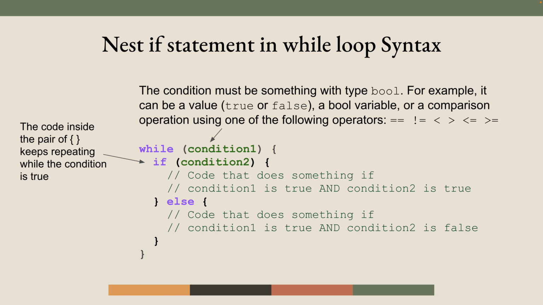Right? You could write the same slide for if statements as well. You could switch this while to an if, and this slide would look exactly the same. This would be both conditions are true, and this one is condition 1 is true and the second condition is false. Does that make sense to people? It's almost like using the and logical operator, right? Condition 1 is true and condition 2 is true for that first one.